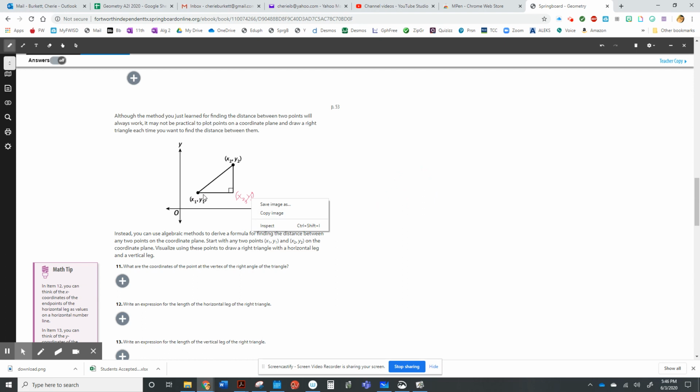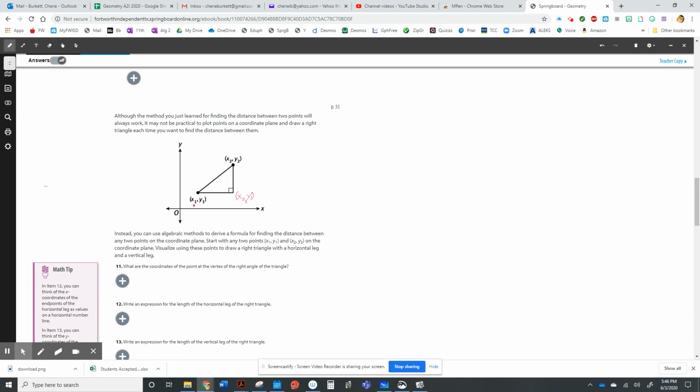So if we want to figure out how far apart these two are, what kind of line are we on? We're on a horizontal line. And when we are just on a single line, what does the ruler postulate say we do? It says we subtract the two values. Well, what are the two values that we're subtracting? Well, we're subtracting this one right here, because it's the one on the right.